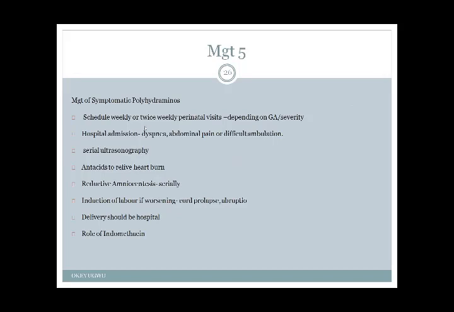Hospital admission in case of dyspnea, abdominal pain or difficult ambulation. Serial ultrasonography for fetal assessment. Antacids to relieve the heartburn. To reduce the amniotic fluid volume, amniocentesis can be used. Induction of labor if worsening, cord prolapse or the risk of abruption. In cases at term, delivery should be in the hospital. And the role of indomethacin, as we will discuss now.